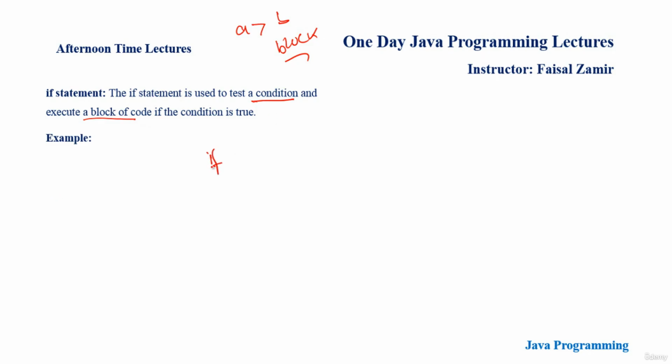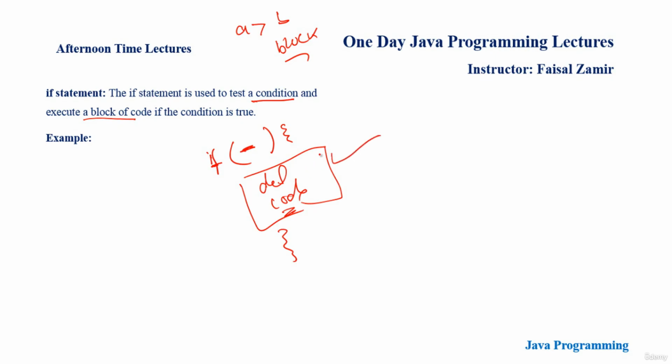You write if, your condition, and start and end curly braces. Here you have to write your code. Any single statement or multiple statements you can mention here. That code will execute when this condition becomes true. When this condition is false, the compiler will skip this whole body and the remaining code will be executed. For example, x value is 10. I want to check that if x is greater than 0.